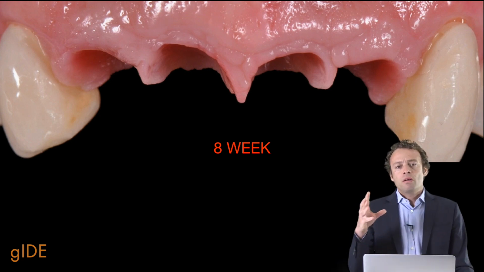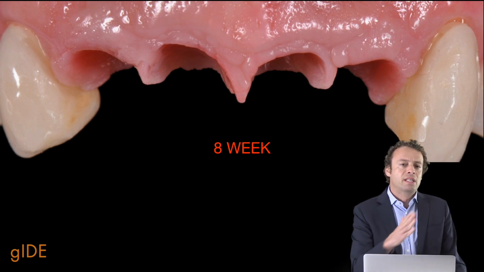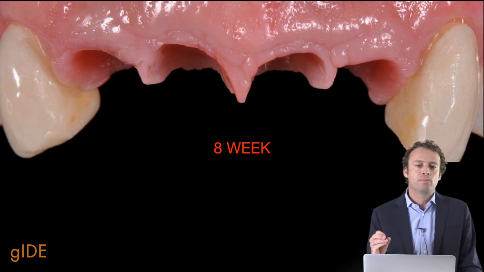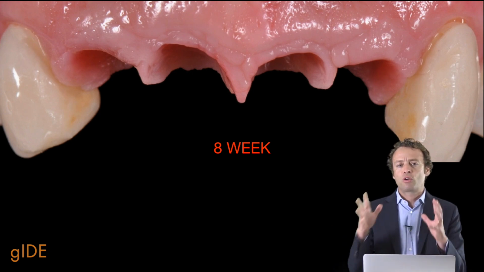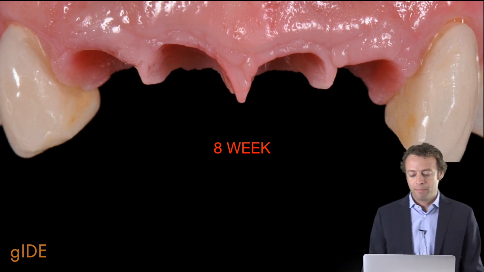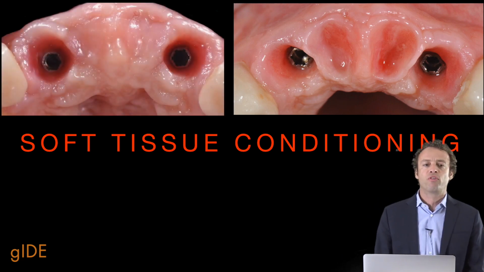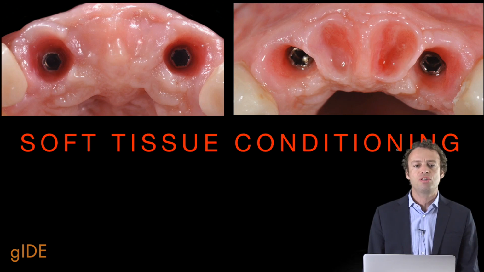The point is that we spend 2 years to recreate this kind of volume, this kind of soft tissues, and so it's not possible that we don't have a good technique to transfer this crucial information to the lab. Here we can see a comparison between the soft tissues before and after the conditioning, and we can see how there is a huge difference.